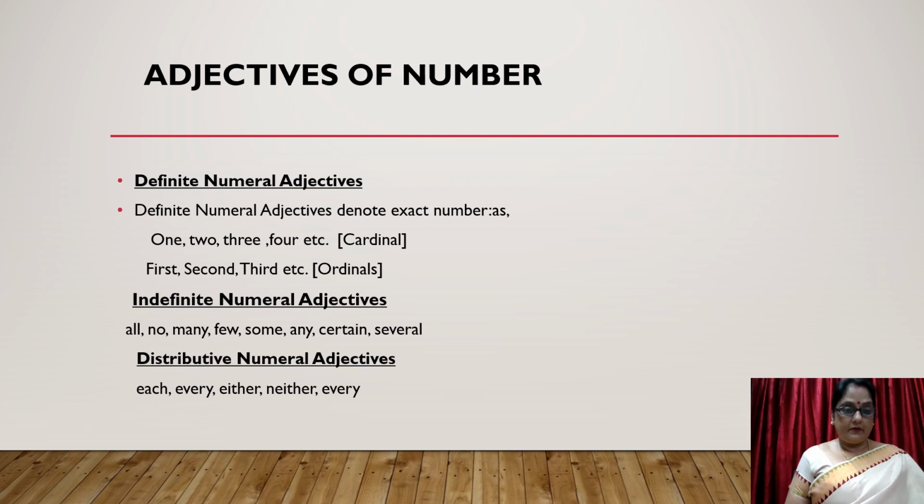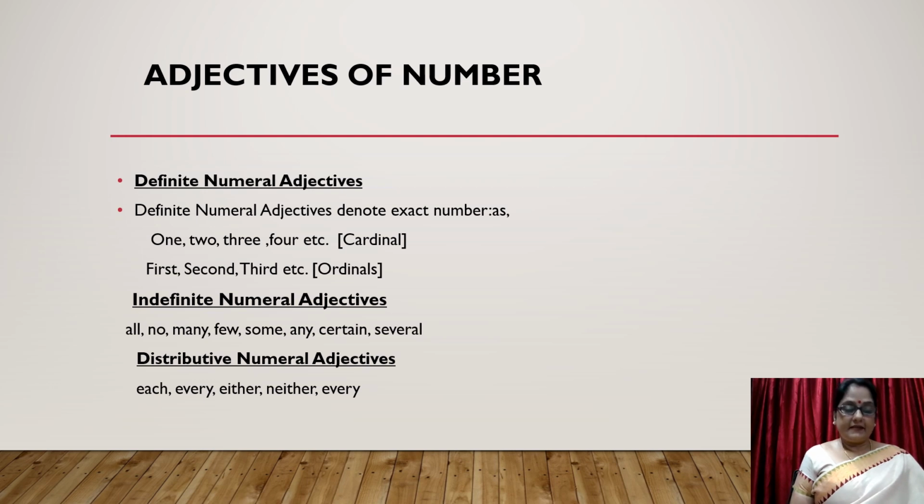We know about it. Definite numeral adjectives denote exact number like 1, 2, 3, 4, and these are called cardinals. And first, second, third, these are positions. They are called ordinals.